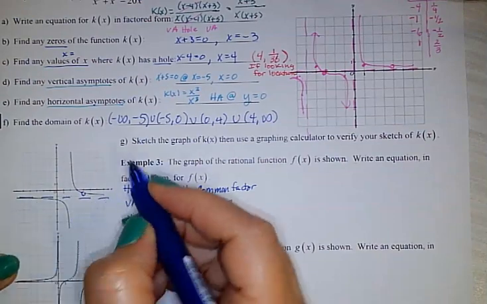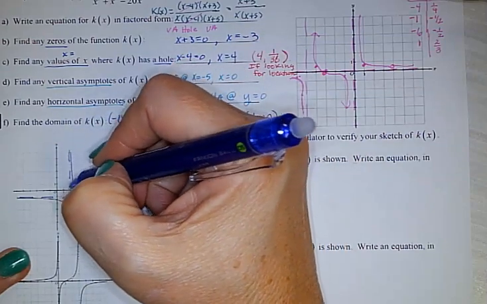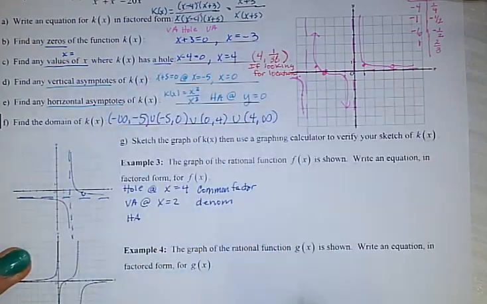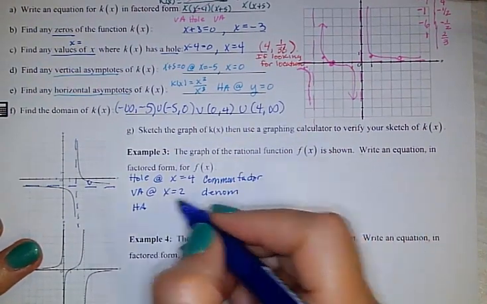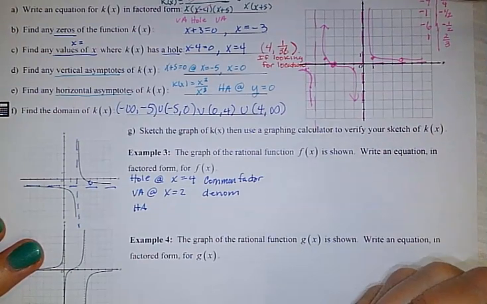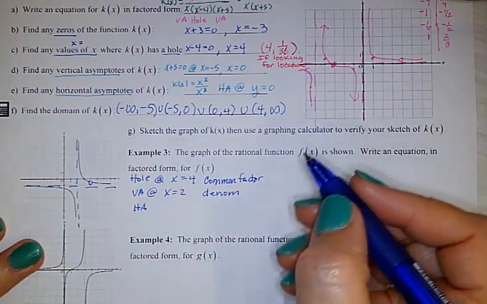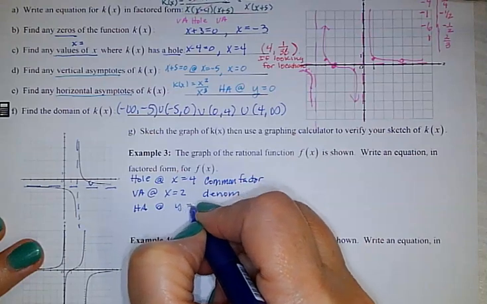If you're having trouble seeing it on your paper, the vertical asymptote was at 2 right here. Sometimes the graphs don't always print the best. So we have a denominator, and we have a horizontal asymptote at the same factor, right? So we would be canceling something out. So we're going to have a horizontal asymptote at y equals -1.